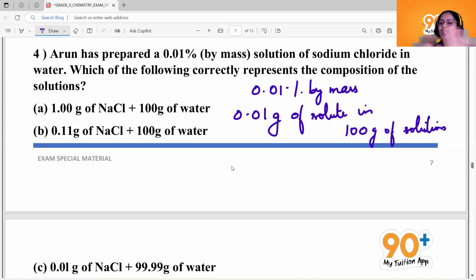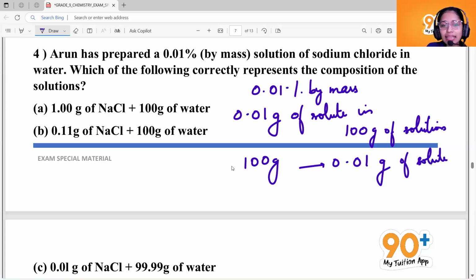So here nothing in the options contains solution. What does it contain instead? It contains water, which is the solvent. So here we know that in 100 gram of solution we have 0.01 gram of solute.